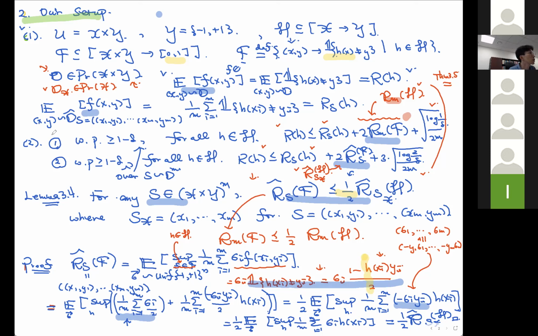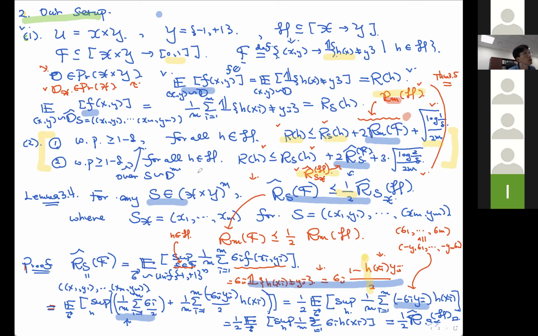The real bound that we care about is this one, with the form given here. With high probability, the risk is bounded by the empirical risk plus the Rademacher complexity of a hypothesis set plus this extra term.